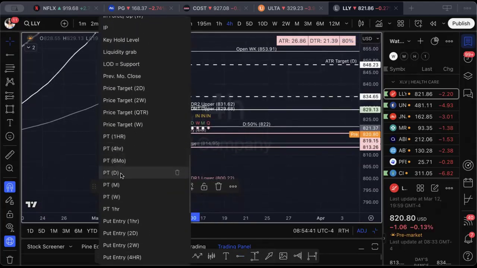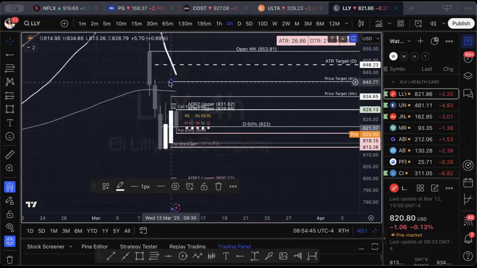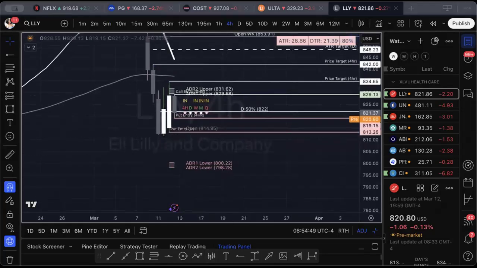And let's go ahead and put the price targets on there. And then to the downside, let's see here. We are looking at about 794.51.